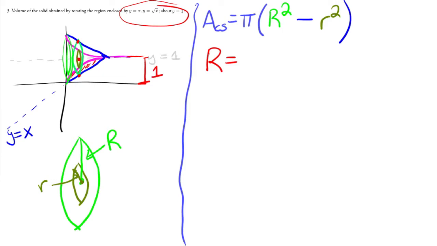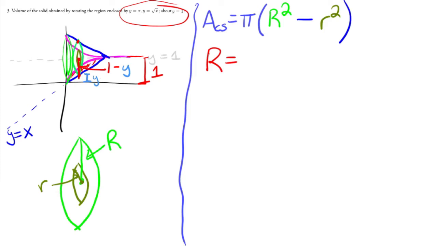But to find the distance from here to here, this red line that I just drew, that distance is going to be 1, but you're going to take away this distance from here to here, which is your y value. So the radius then is just going to be 1 minus y.